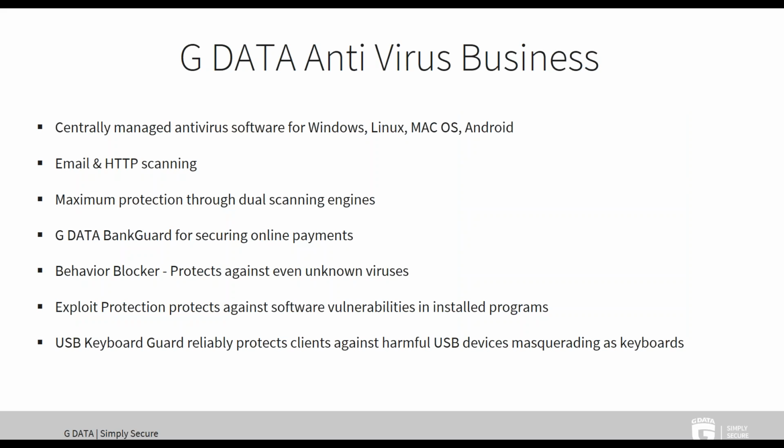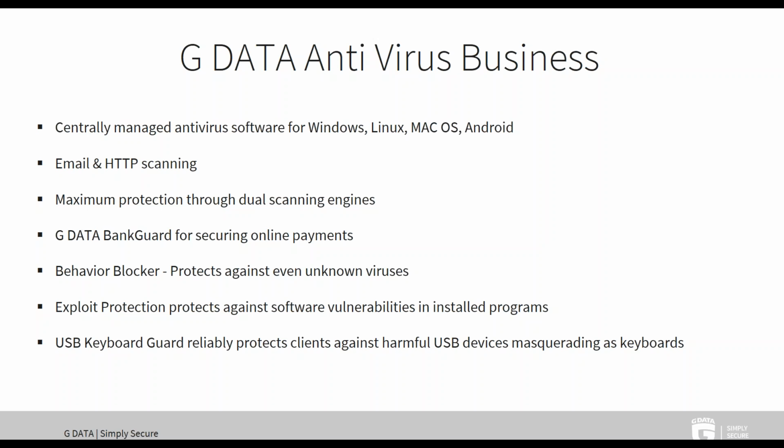GData Antivirus Business is a centrally managed antivirus software currently supporting Windows, Linux, Mac, and of course Android. Within this basic function, you will also receive email and HTTP scanning. We are using a dual scan engine, meaning we have one engine that's based on Bitdefender and the other engine is our own, complementing each other.